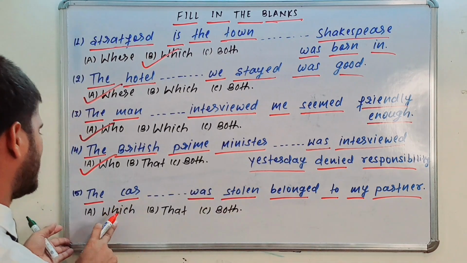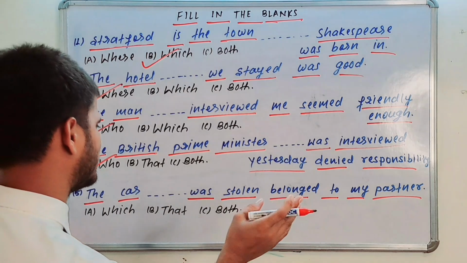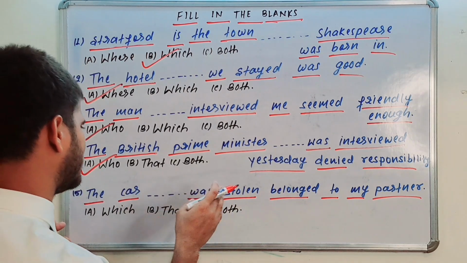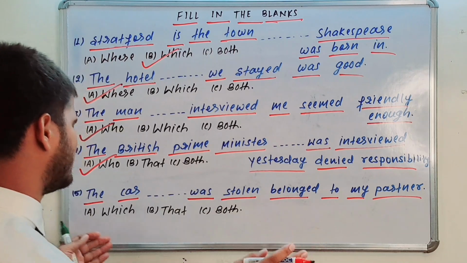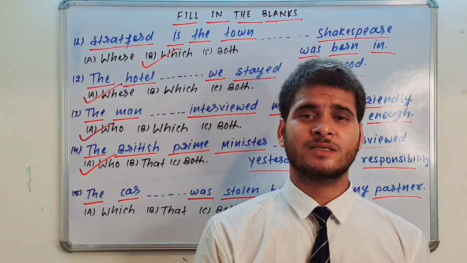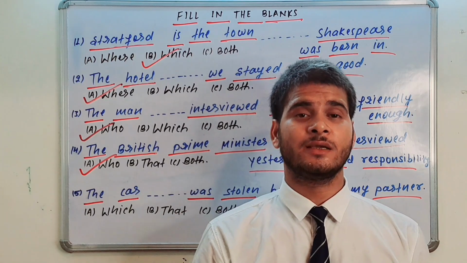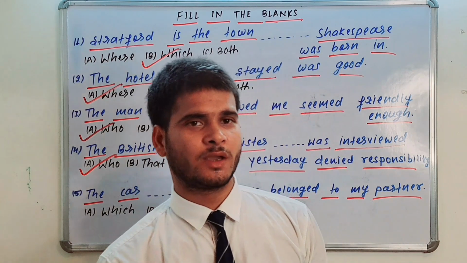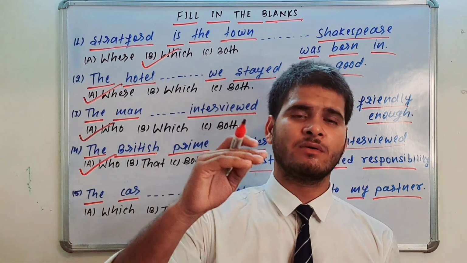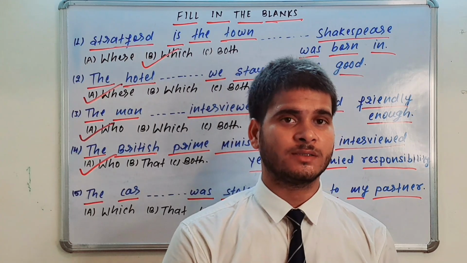Now put here option A, which: the car which was stolen belonged to my partner. Now put B: the car that was stolen belonged to my partner. Again here see the car. Someone is discussing a car, a thing. And for that one, the relative pronoun that is also used for what?